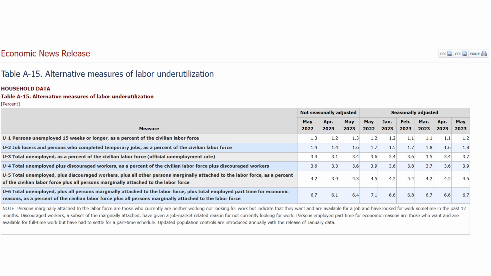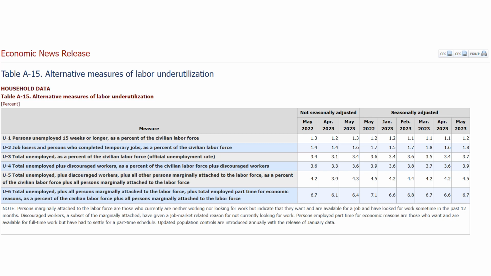So U6 is the total unemployed plus all persons marginally attached to the labor force plus total employed part-time for economic reasons, as a percent, again, of that civilian labor force. And really what we're saying is that we're picking up whom? We're counting in, as underemployed or unemployed, at the U6 level.